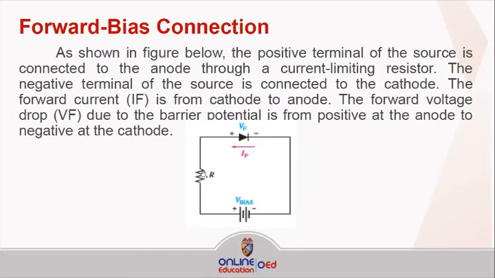Then, doon naman sa kabila, the negative terminal of the source is connected to the cathode. Okay? Then the forward current, IF, is from the anode to cathode. Then the forward voltage drop, VF, is due to the barrier potential, from positive at the anode to negative at the cathode. Okay, yung forward bias connection. Okay, these are the circuit.